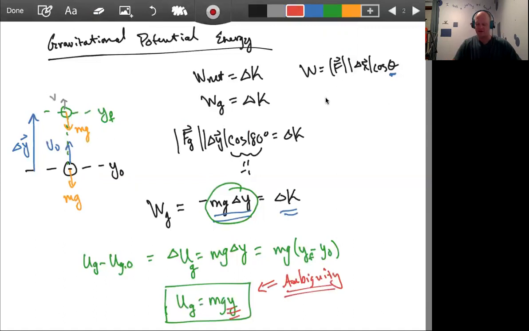So for example, I can say that this water bottle that I'm holding has some potential energy relative to the height of the table at which I'm sitting. Or I could say it has some potential energy relative to the height of the floor, right? So what's the difference?